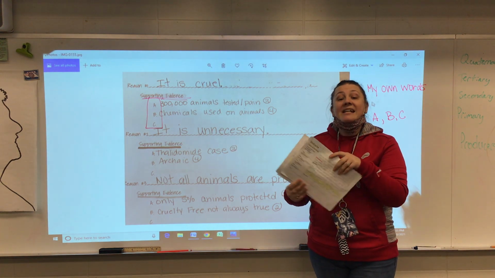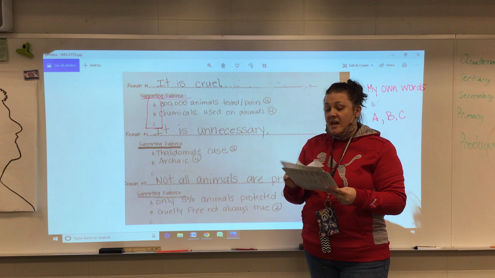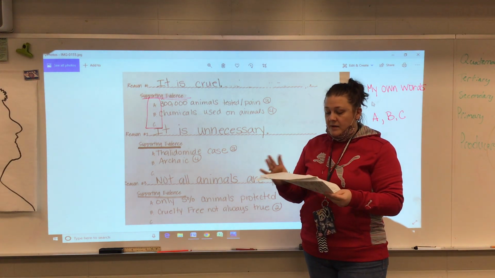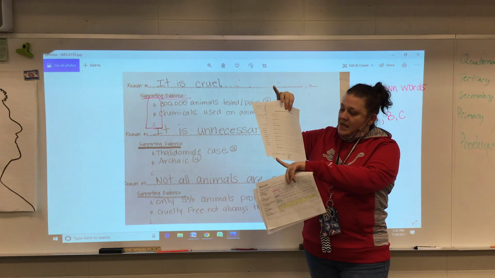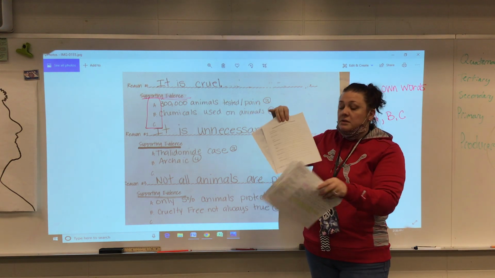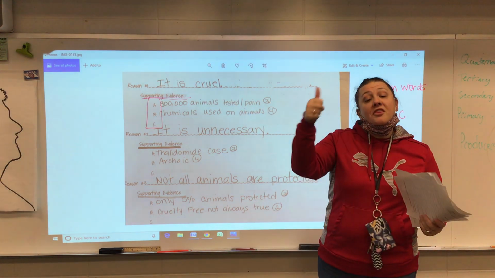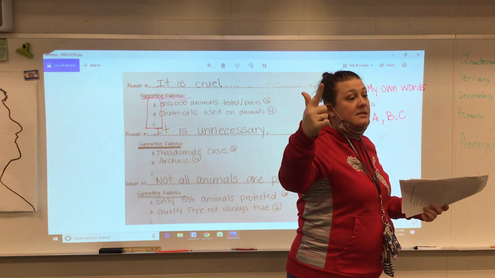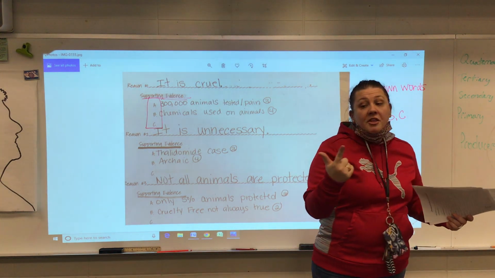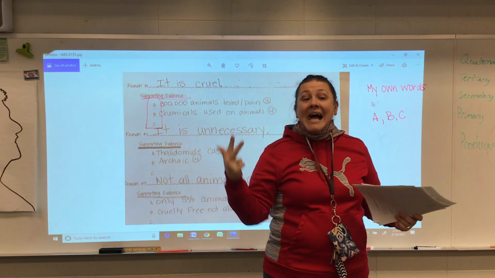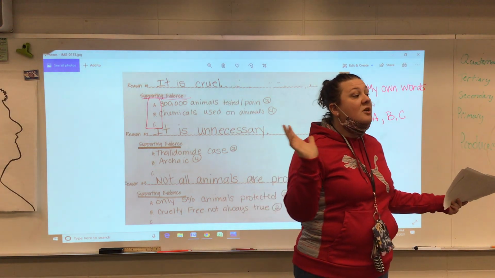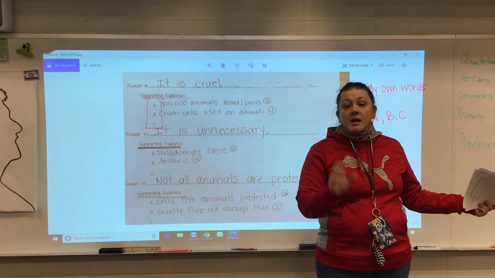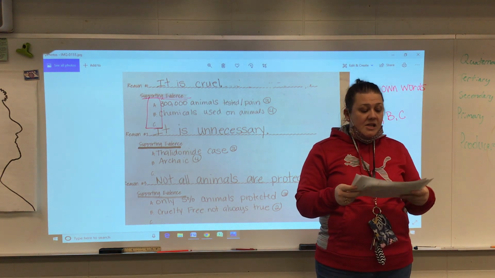So where it says citation, and I did put that on the other side of your paper, the blank side of your paper that I gave you, it says in citation include, you need to include the author and the date. If you don't know the author, then you need to include the title of the article or website that you used. We're going to talk about works cited pages and how to use citations later.